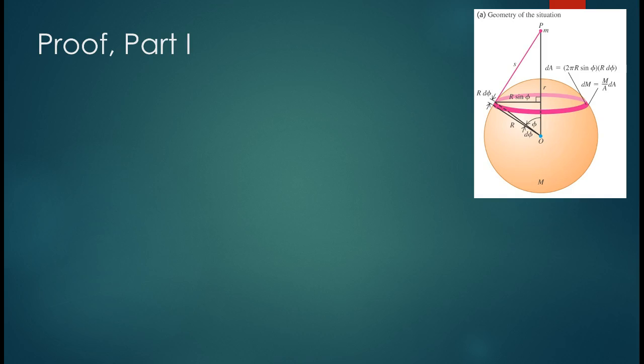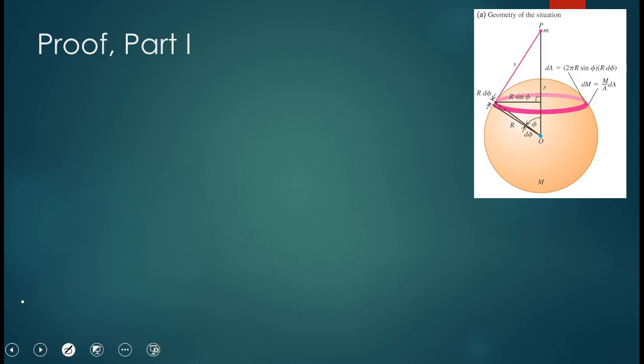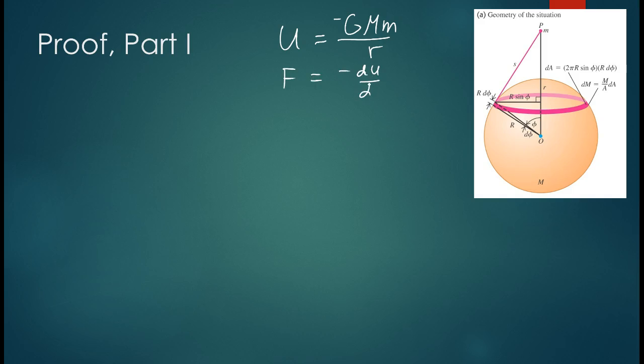We have the spherical shell, and essentially what we want to prove is that the potential energy between the big mass M and the little mass m is going to be equal to negative G big M little m over r. And then we'll just use the fact that F is negative dU/dr to get back to force. And so if we can prove that this expression is true for U, then we're done.